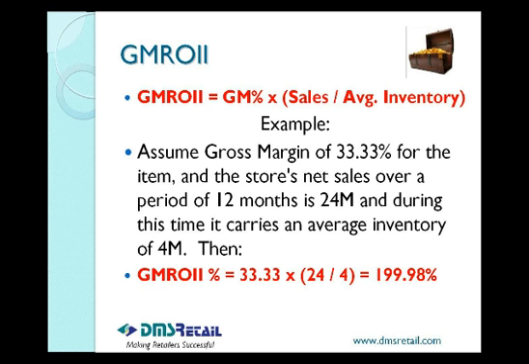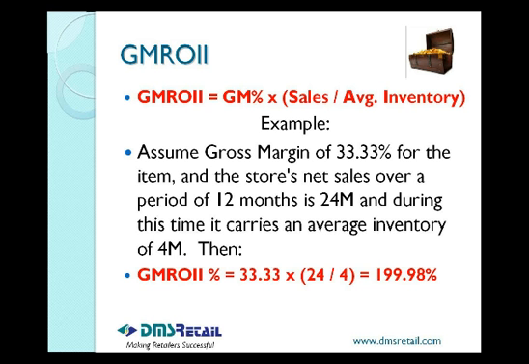Now, what is also great about GMROI is that you can compare. We received a question from Ian from Ireland, and he was wondering how he was going to compare, for example, two suppliers. Well, GMROI is an ideal way of comparing two suppliers, because the formula brings them to the same level. It doesn't matter how much you're buying from one vendor compared to another. This creates a comparison that brings it down to the same base, so you have an apples-to-apples comparison.